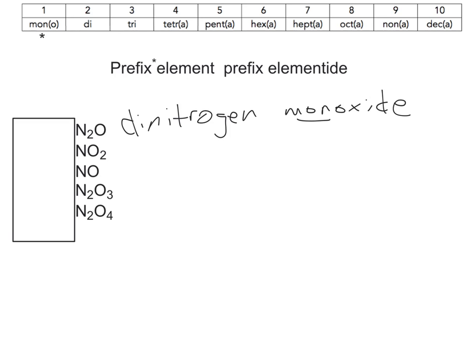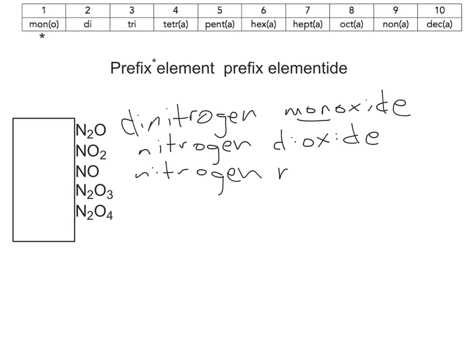Applying the rules to NO2 gives us nitrogen dioxide. Because there's only one of the nitrogen atoms, I do not need to use the prefix mono before nitrogen. NO would be nitrogen monoxide.